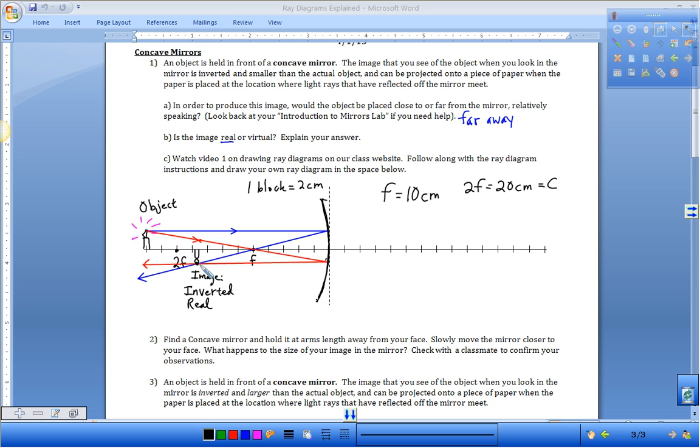Okay. And that is true. This height is bigger than that height. So my image is also smaller than object. And if I was looking at where that object is located, it's located between F and 2F, in between F and 2F away from the mirror.